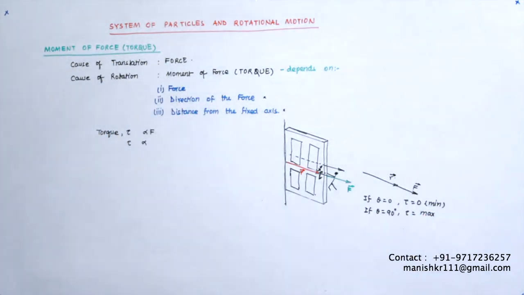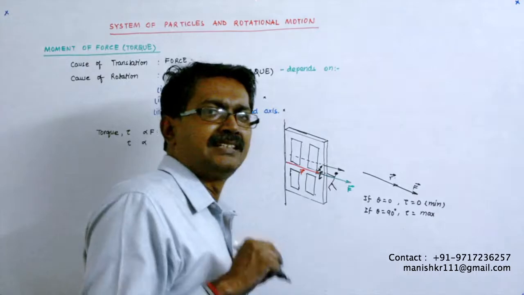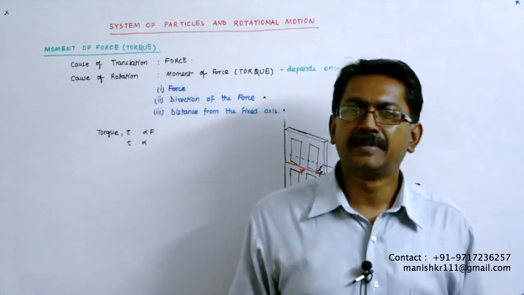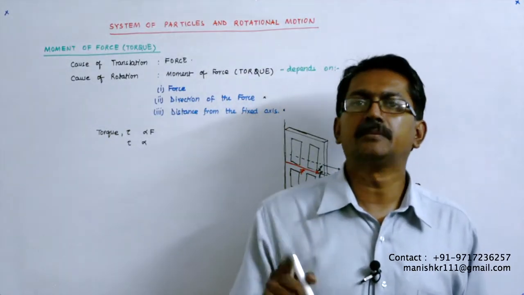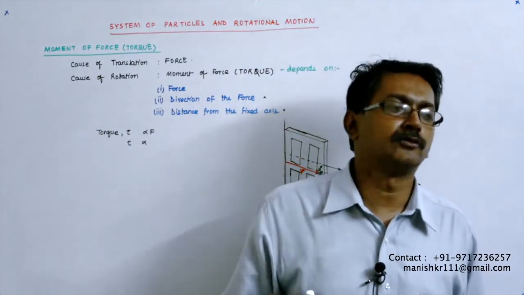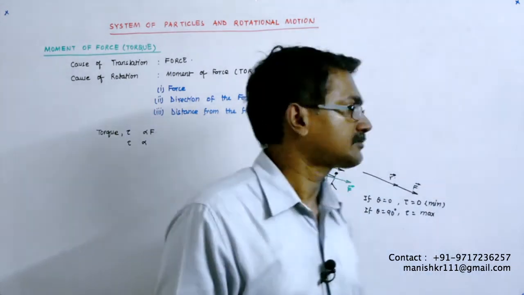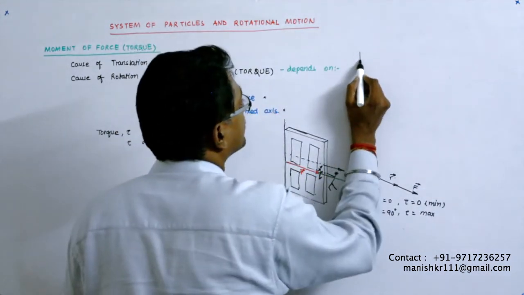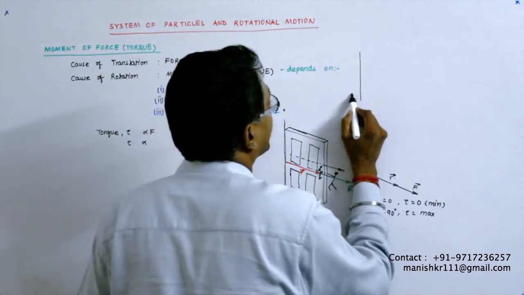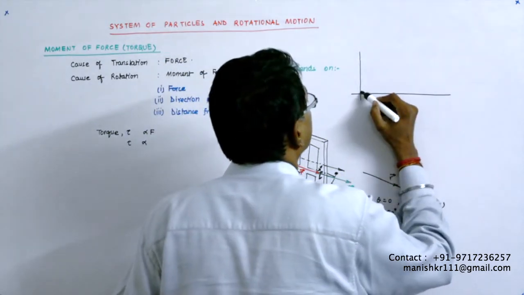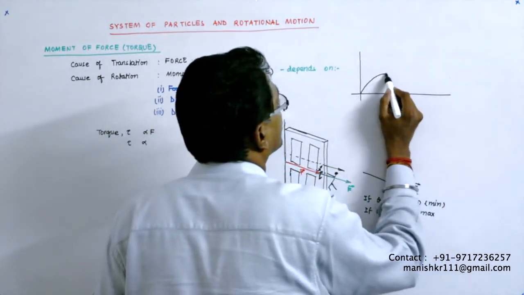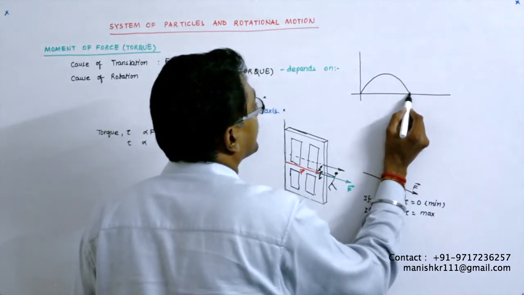Now, what is that which is a minima? Is there a function which is a minima at theta equal to 0 and a maxima at theta equal to pi by 2? What is that function? Sine theta. The function sine theta, if you look at it, is like this.